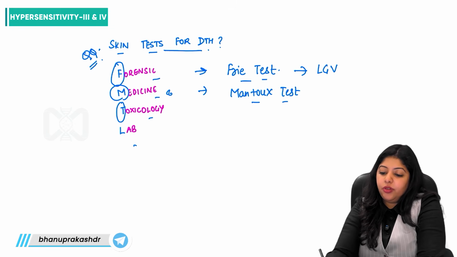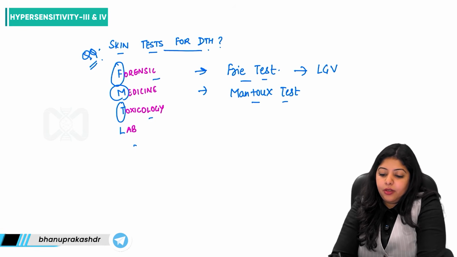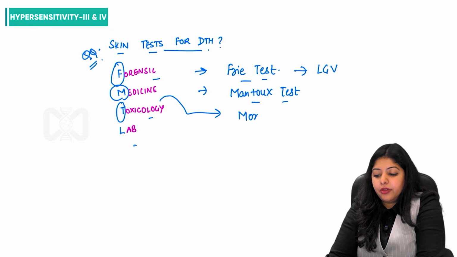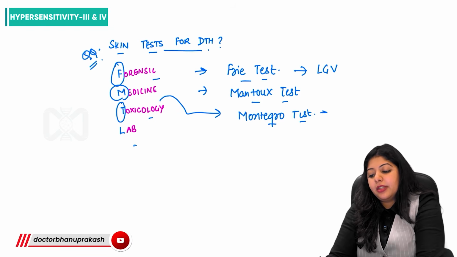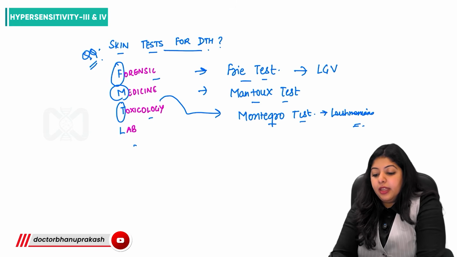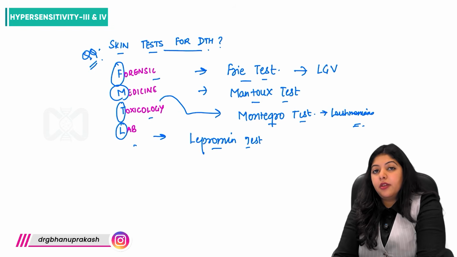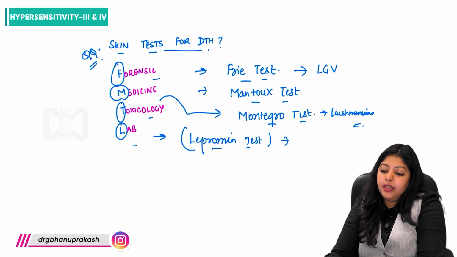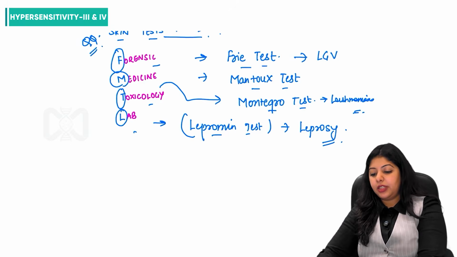Also, along with Mantoux, M stands for Montenegro test, a test which is done for leishmaniasis, right? Then L stands for lepromin test, which is done for leprosy, right? So these are all the types of tests which are done for delayed type of hypersensitivity.